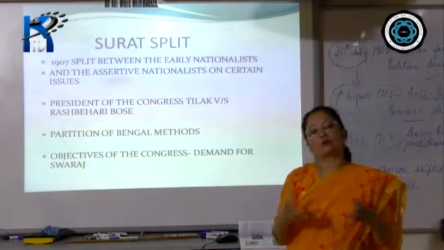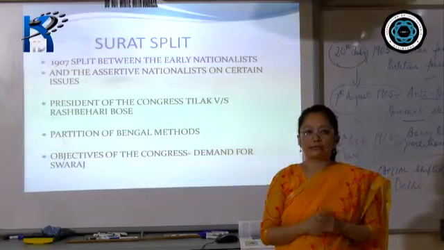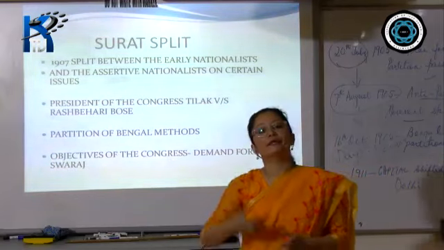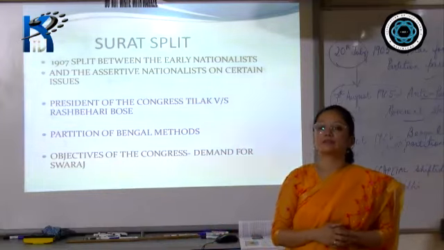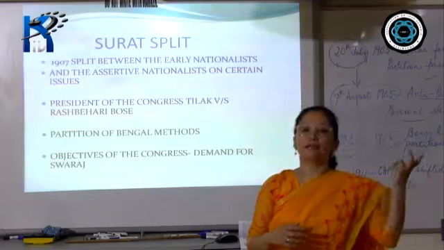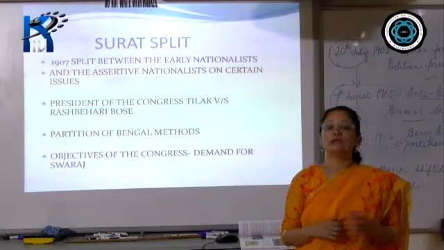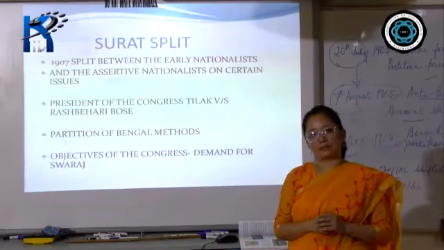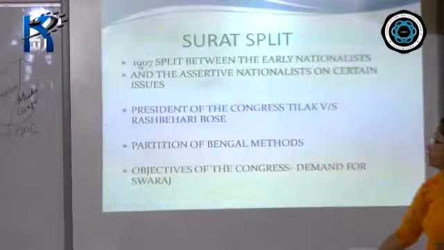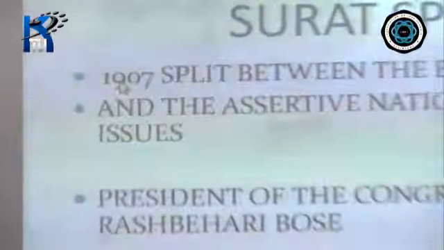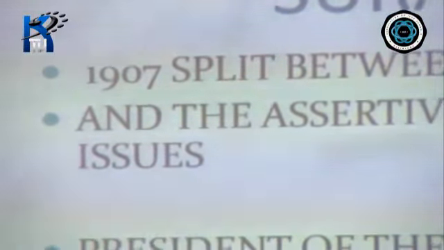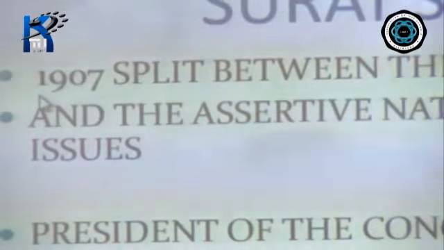The session was of the Indian National Congress, and differences had already started cropping up between the young leaders, that is the assertive nationalists, and the old leaders with their old methods coming from the old school, that is the early nationalists.